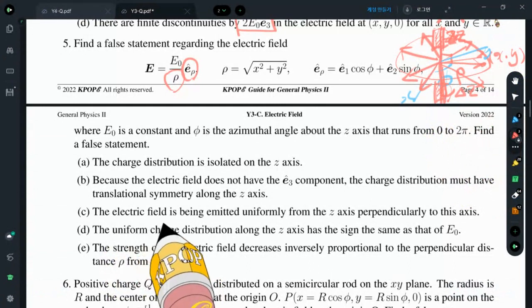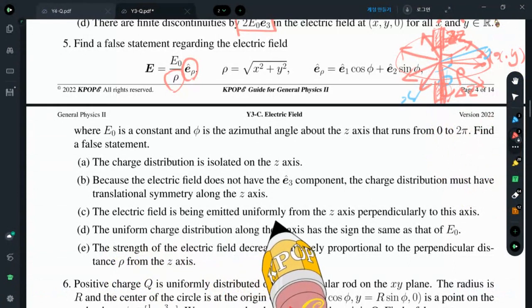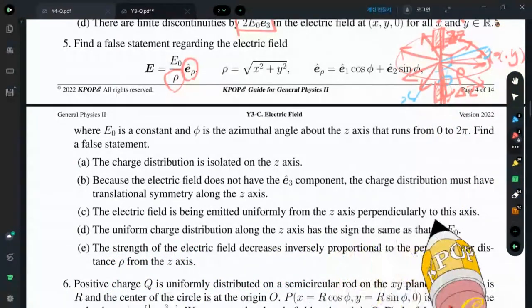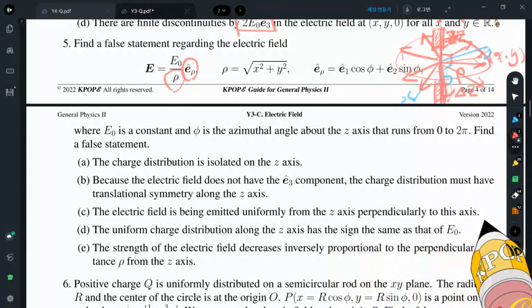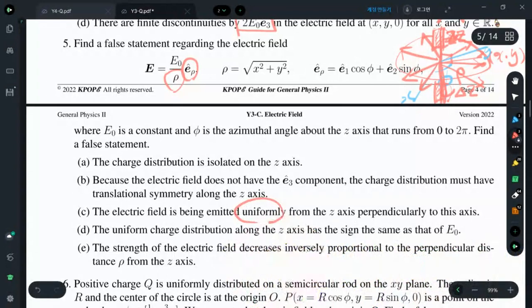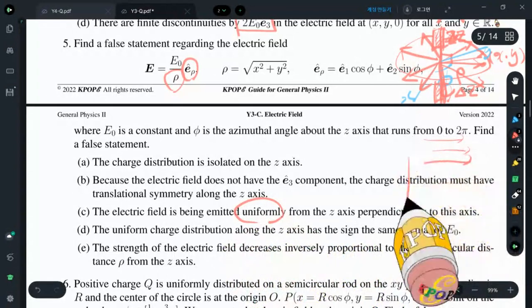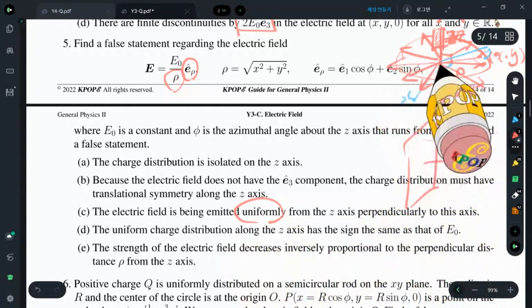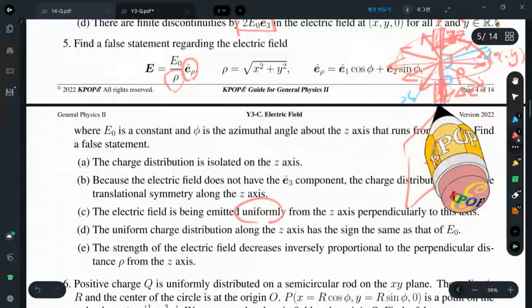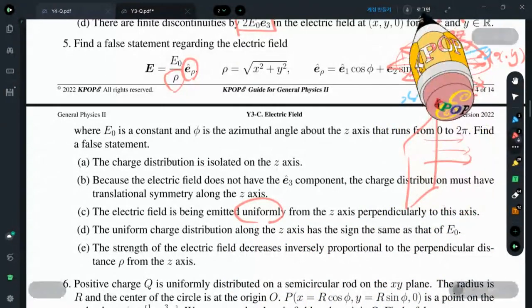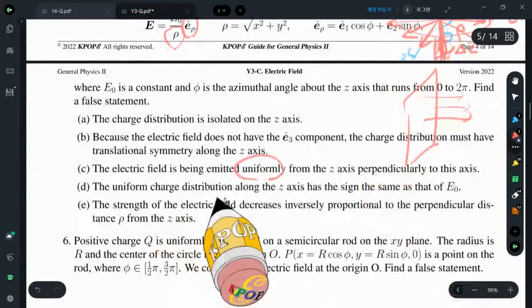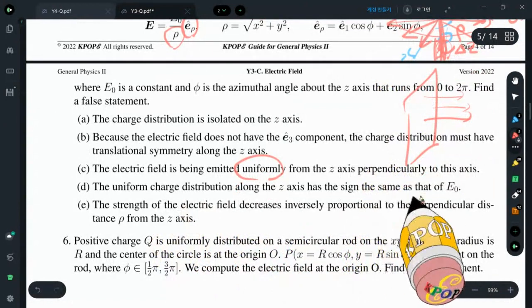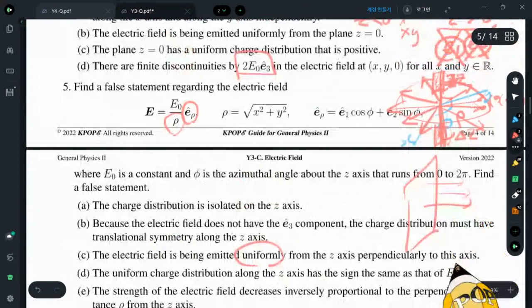See, the electric field is being emitted uniformly from the z-axis perpendicularly to this axis. This uniform does not mean it is parallel to a plane. It is uniformly divergent from a single line along the z-axis. The uniform charge distribution along the z-axis has the same sign as that of E0.